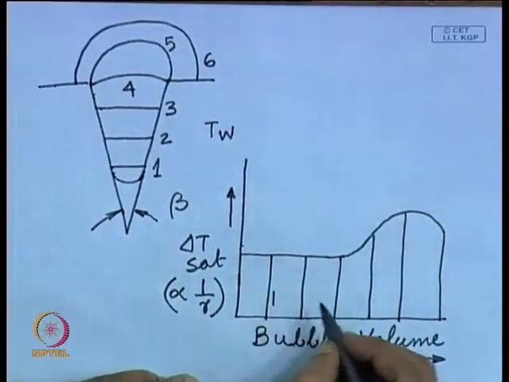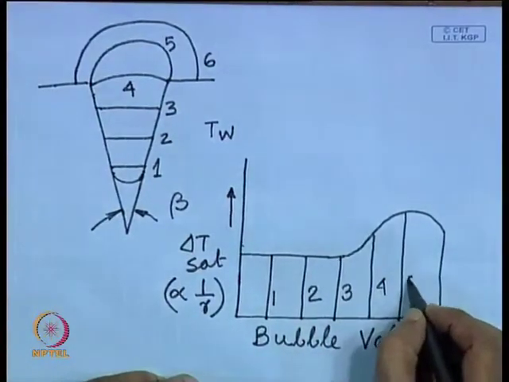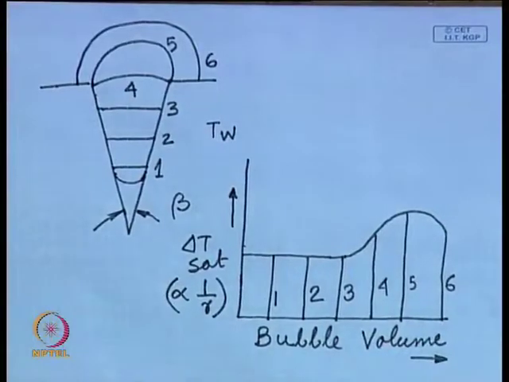So, 1, 2, 3, 4, 5, 6. These are at different positions: how there is a change in the radius of curvature, 1 by r, how there is a change in bubble volume, and what is the corresponding delta T sat that we are getting from this particular curve.